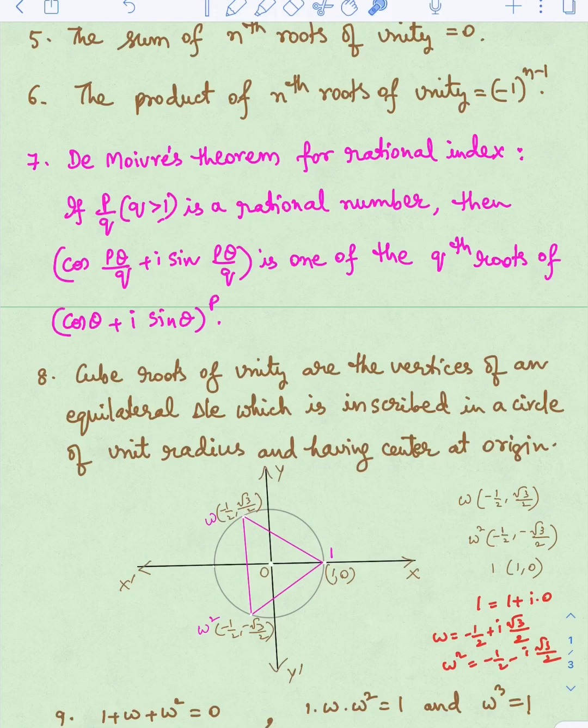In the chapter on complex numbers, we have discussed all those. So we can represent those like this. This is an equilateral triangle in a unit circle. Center is origin here. So you can represent 1, omega, omega square, these cube roots of unity, like this.